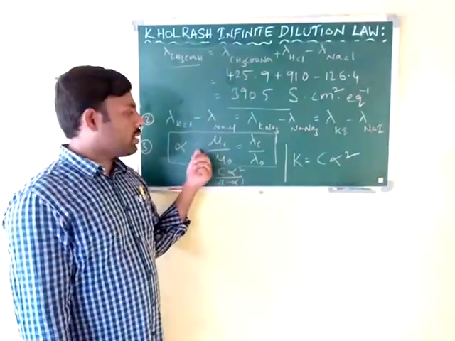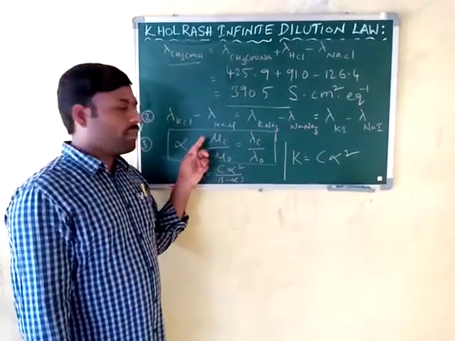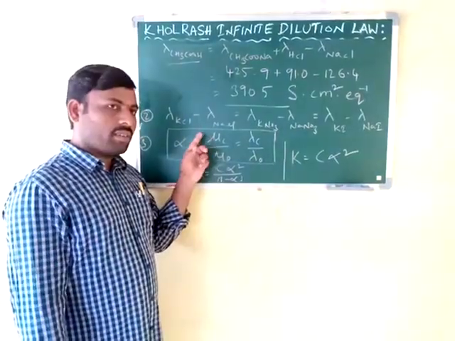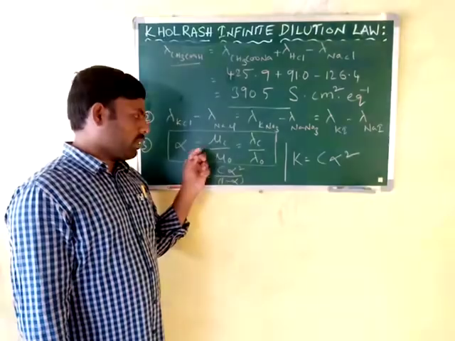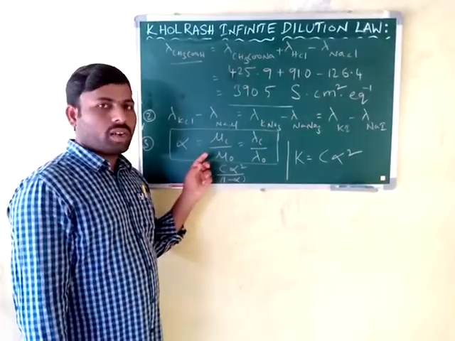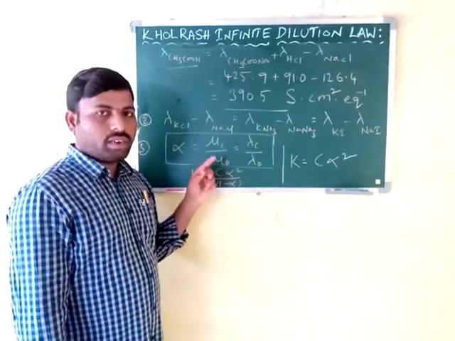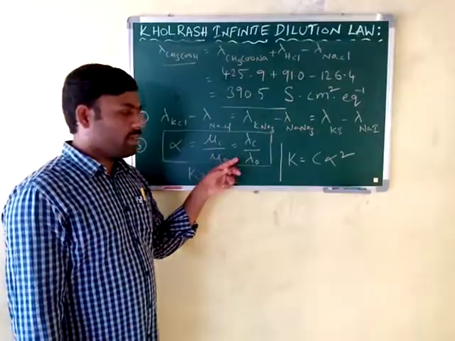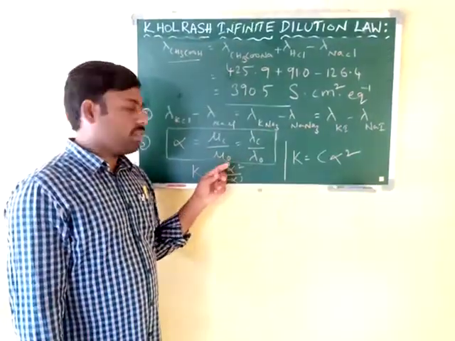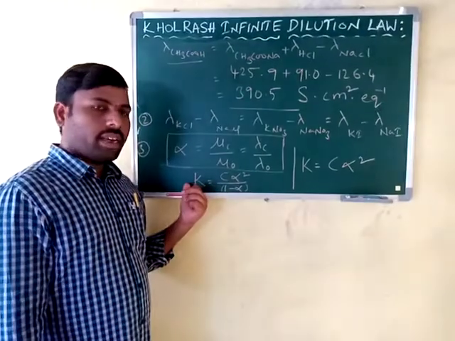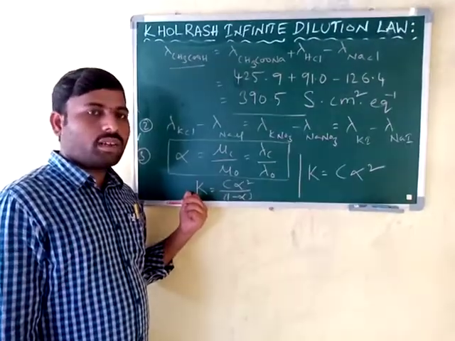Alpha is equal to the molar conductance at a concentration to the limiting molar conductance, or equivalent conductance at a concentration to the limiting equivalent conductance, lambda C by lambda 0. K is the association constant.